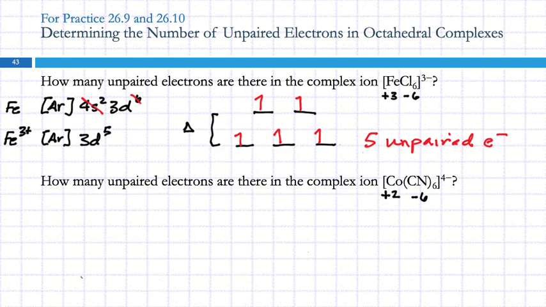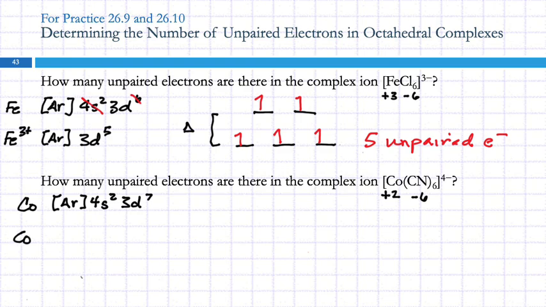So then we'll look at cobalt, which is also going to be argon, 4s2, 3d7. It's got one more electron.